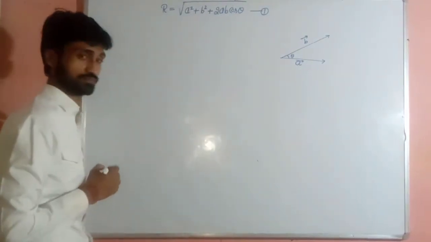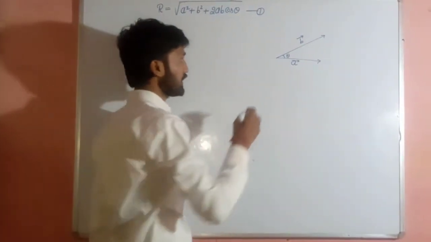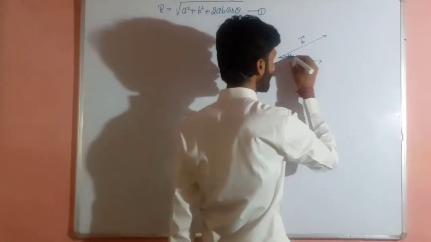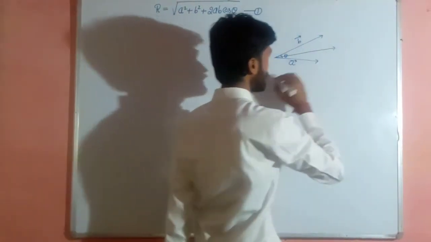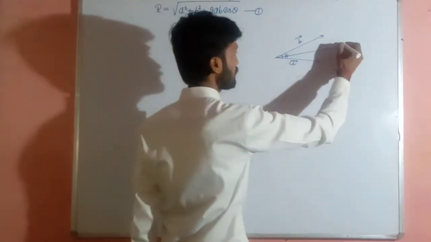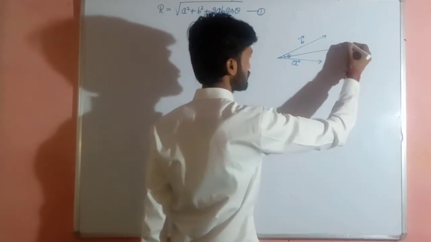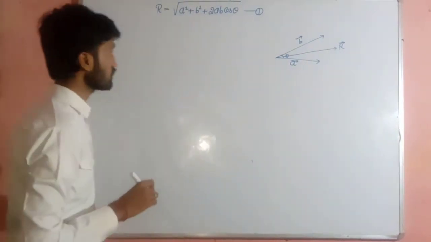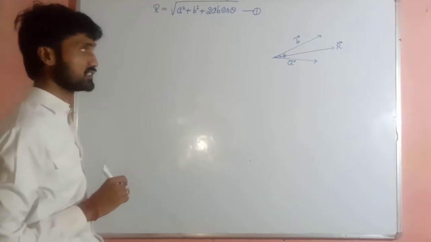Equation first. The resultant vector will be between vector A and vector B. This is vector R. There are many special cases.